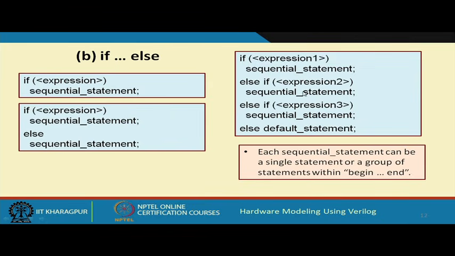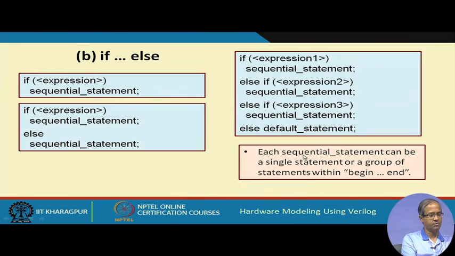The first match you get, that particular statement will execute. So, inside this block exactly one of these statements will execute, either this one or this one or this one, and if none of them match, the default one. And here, as I said, each sequential statement can be either a single statement on its own or they can be grouped using begin end.